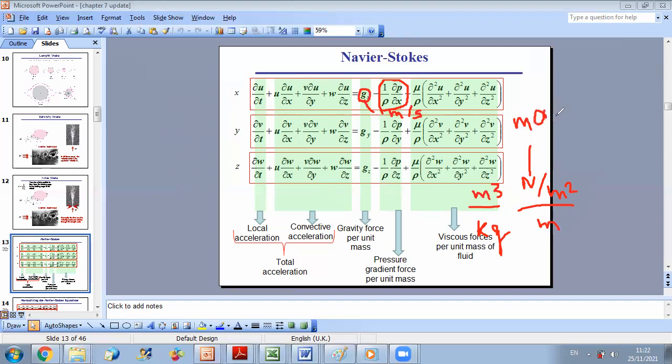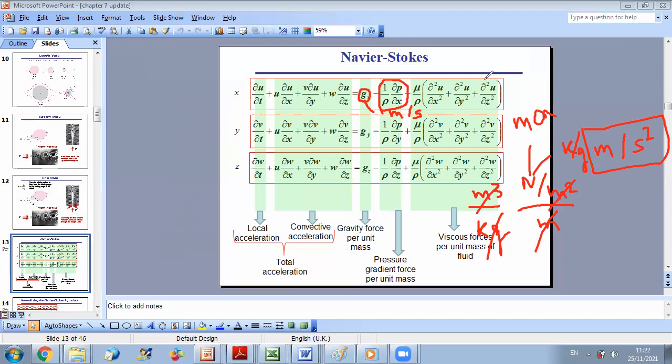So since Newton is mass times acceleration, the unit of it will be kilogram times meter over second square. By doing the appropriate simplification, kilogram and kilogram will cancel out, and meter cube over meter square over meter will cancel out. So you'll end up only with the unit of meter per second square as expected.